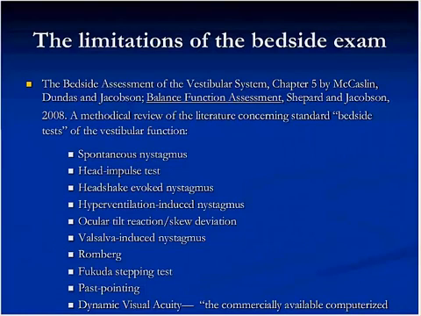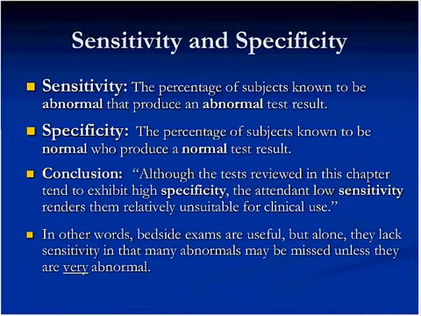So let's move here. They're looking at sensitivity versus specificity. Sensitivity is the percentage of subjects known to be abnormal that actually produce an abnormal test result. Specificity is the percentage of subjects known to be normal who actually produce a normal test result.